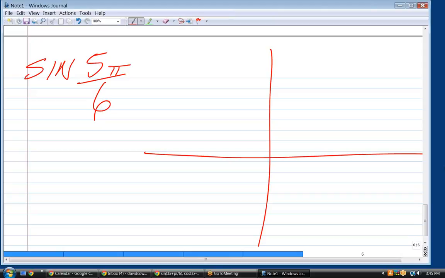When they say use a reference triangle, they mean that if I were to draw that angle, the resultant reference triangle would be that one right there, the triangle that is made with the x-axis.